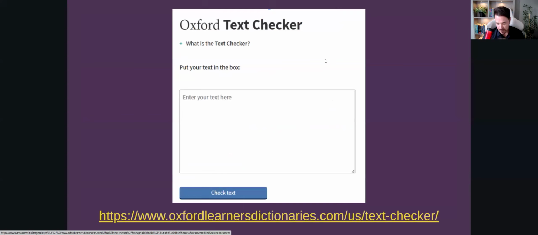So all you need to do is get your text. I got this one from my book. You get your text, you copy it, and then you go to Oxford Text Checker and you paste it. That's it, as simple as that.